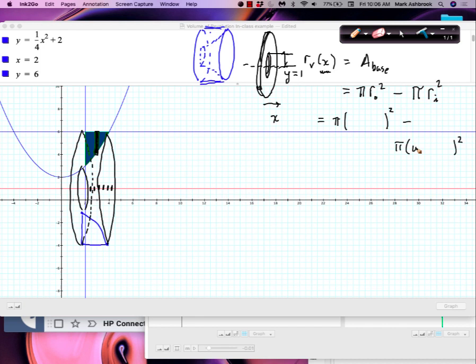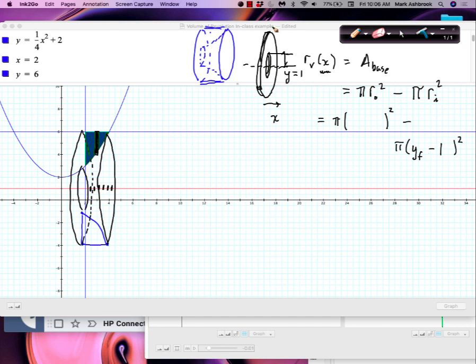And what is y initial? 1, right? So the distance from here to here is the y-coordinate of the inner radius. And what's the y-coordinate going to be? This y-coordinate, minus 1. So y final minus y initial gives change in y. All right, so we'll change that later.